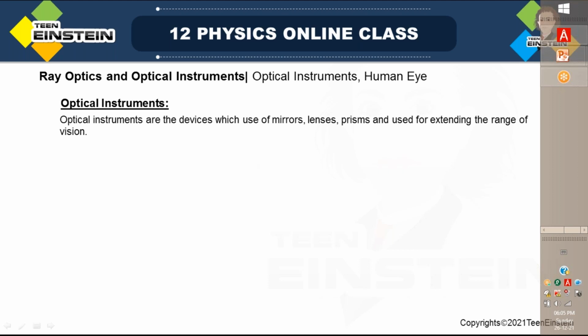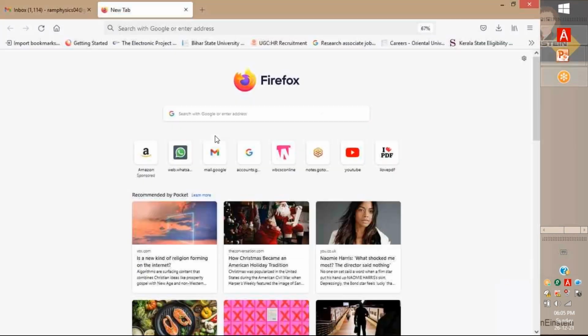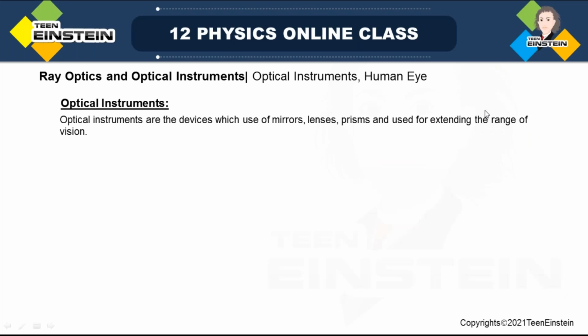So today we'll be discussing optical instruments and the human eye. Optical instruments are devices which use mirrors, lenses, prisms, and what is the use of these optical instruments?